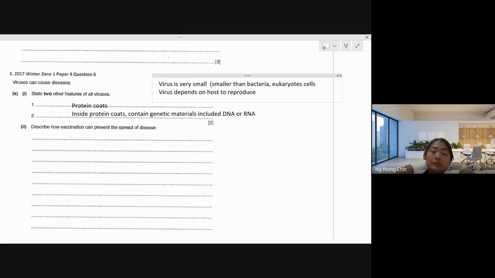So those are the characteristics of the virus. Even though it's a non-living thing, they still have their own ways to survive, which is they will infect the host. So host is very important for the virus. If there's no assistance of the host, the virus will not be able to reproduce. Okay, you can understand that.